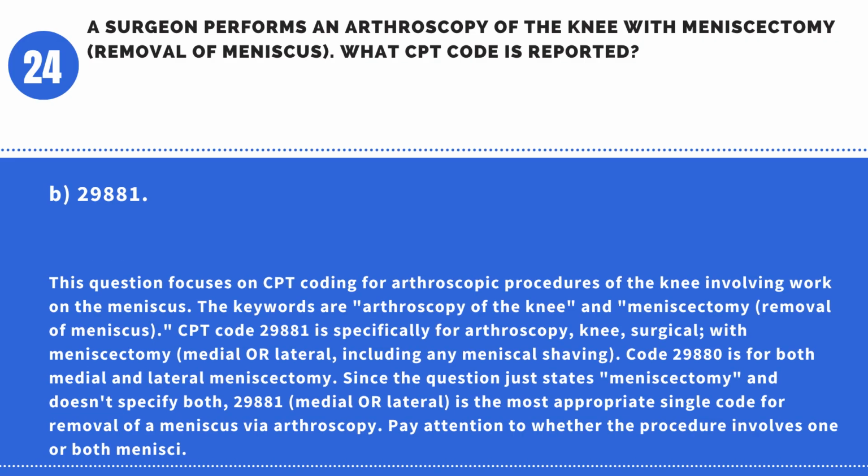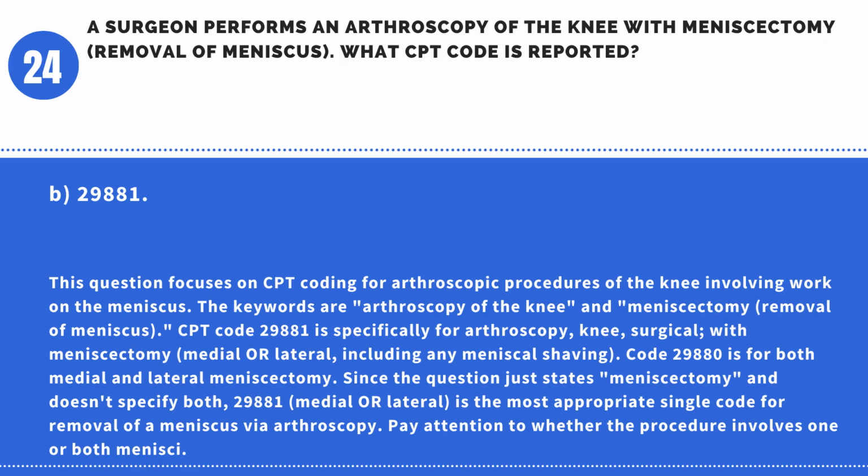Answer, B. 29881. This question focuses on CPT coding for arthroscopic procedures of the knee involving work on the meniscus. The keywords are arthroscopy of the knee and meniscectomy, removal of meniscus. CPT code 29881 is specifically for arthroscopy, knee, surgical, with meniscectomy, medial or lateral, including any meniscal shaving.